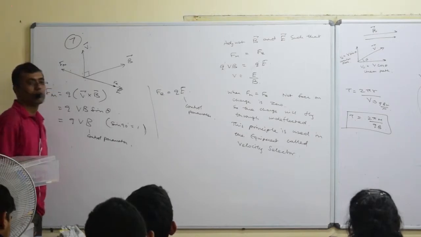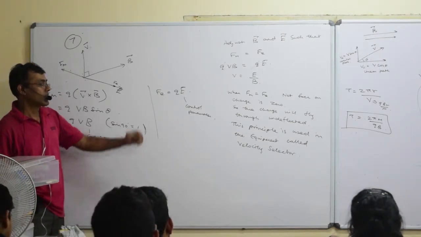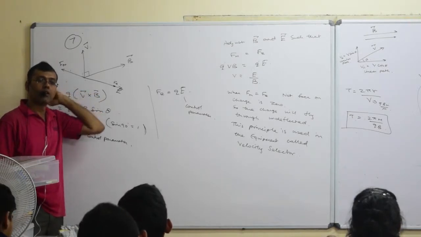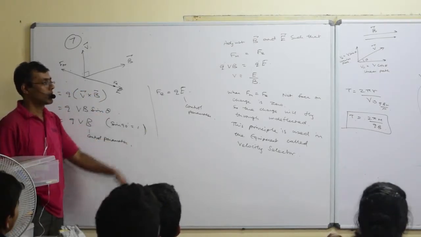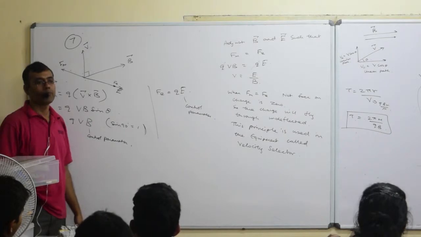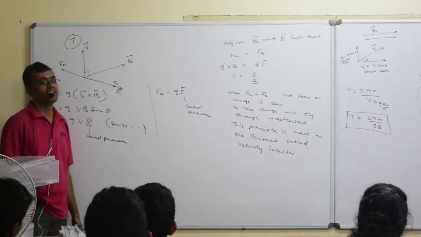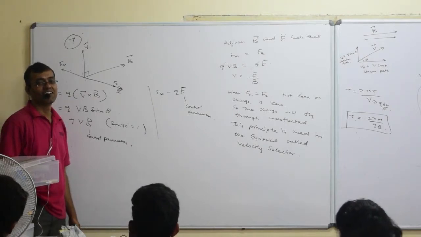What it means is, as the name suggests, velocity selector. Any idea what that means? Any guess? Selector. Selects the velocity. Okay. I think a little more than that.